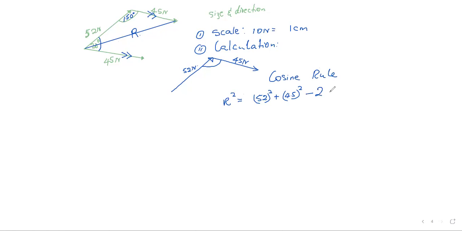Minus twice 45 times 52 times the cos of 30 degrees. Punch that in your calculator, and you get R equal to your answer there. So that will be R.